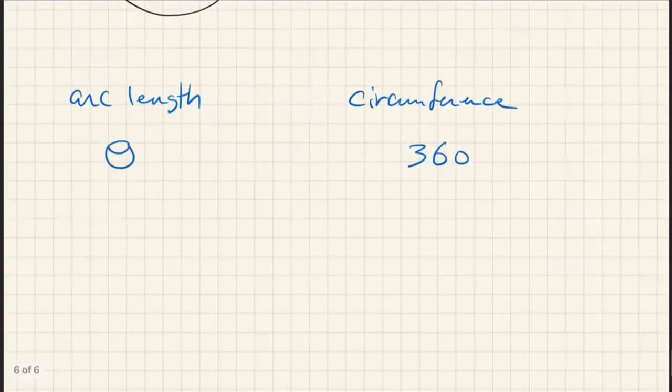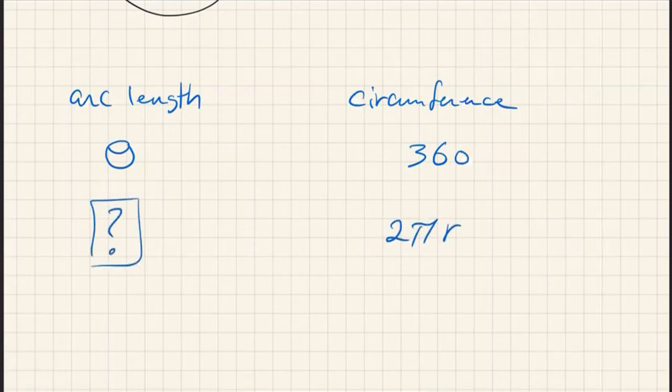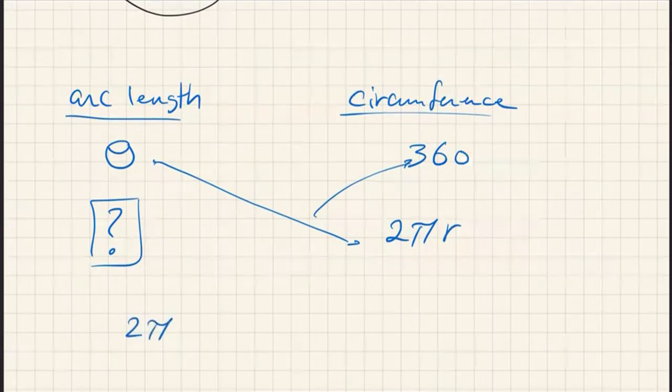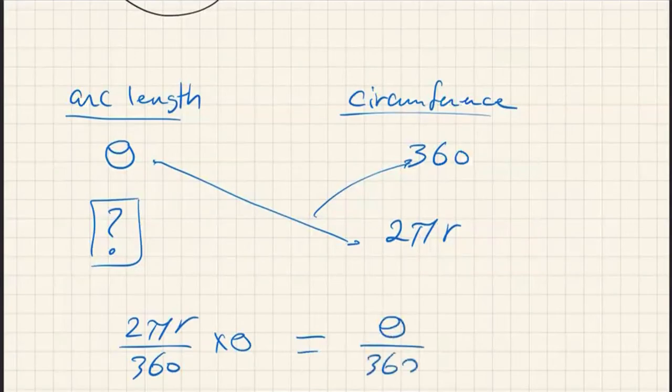So what is the circumference? The circumference is 2 pi r. In this case, how can I get this value? Cross multiplication. This value equals this times this divided by this. So it is 2 pi r over 360 times theta, or you can write it as theta over 360 times 2 pi r.